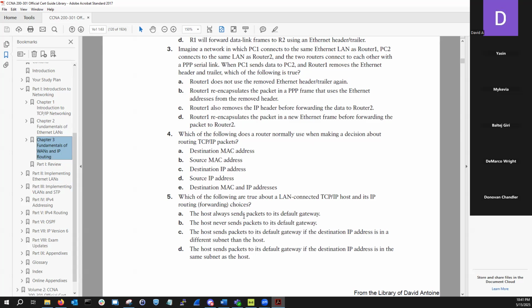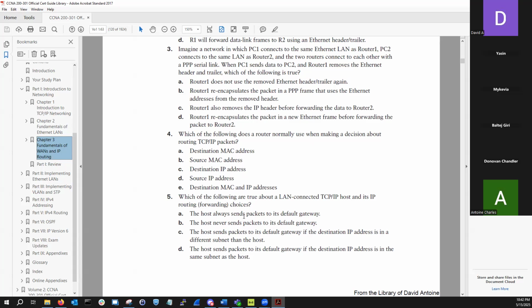It's A. It's A because in order to route any type of information, it goes to that default gateway, and the default gateway makes that routing decision to go to the destination. I don't know why I didn't think like that. So is A your final answer?